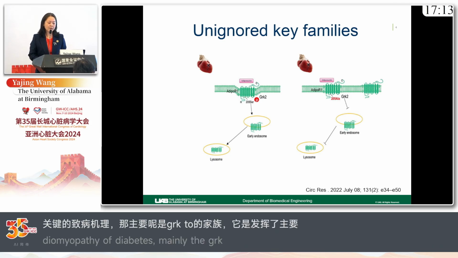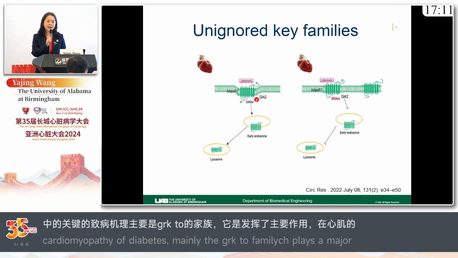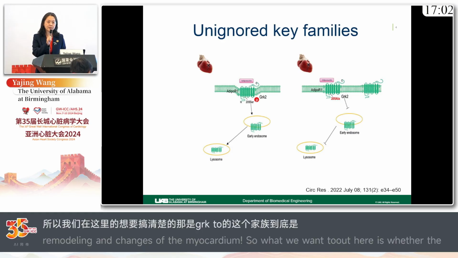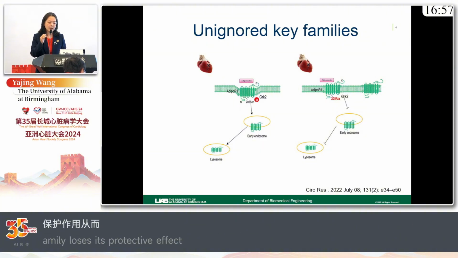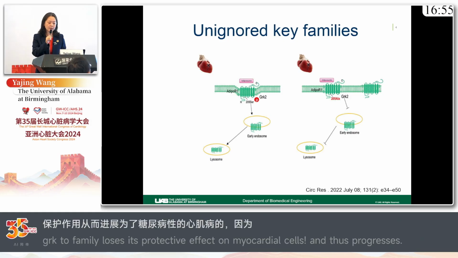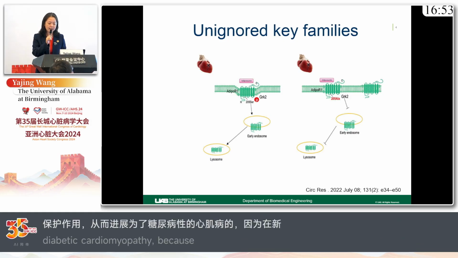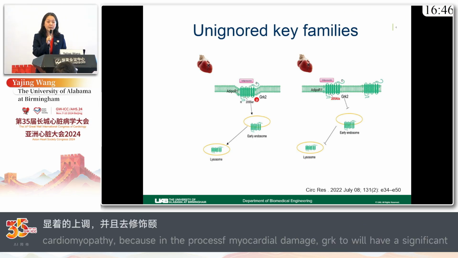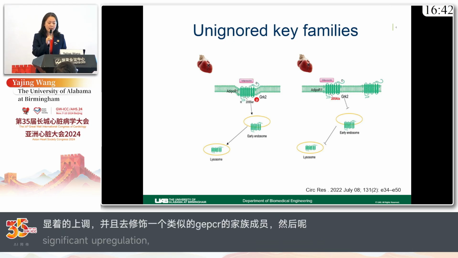We also identified how this GRK family can make cardiomyocytes lose their protection and lose the protective effects of their GPCR receptors. During cardiac injury, GRK2 was upregulated and modified a similar GPCR family member, the adiponectin receptor, and then adiponectin's protection in the heart was lost.